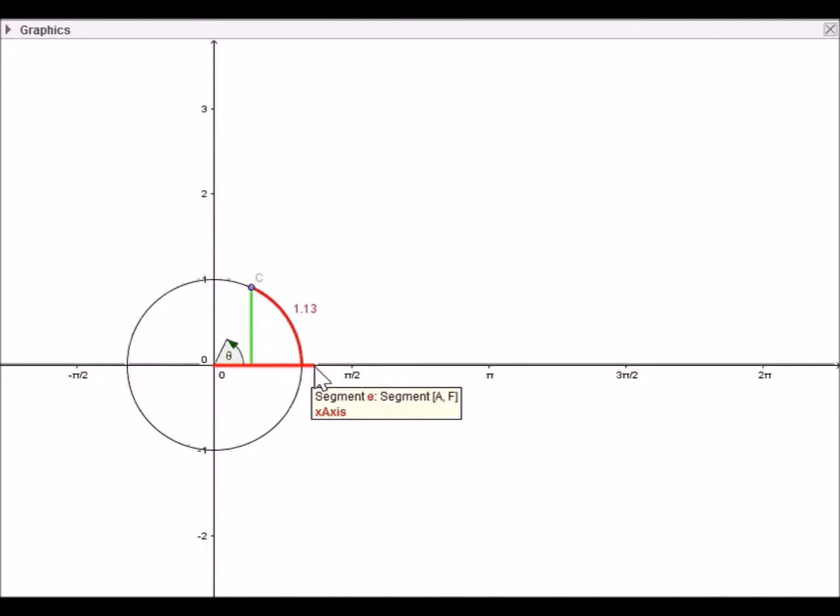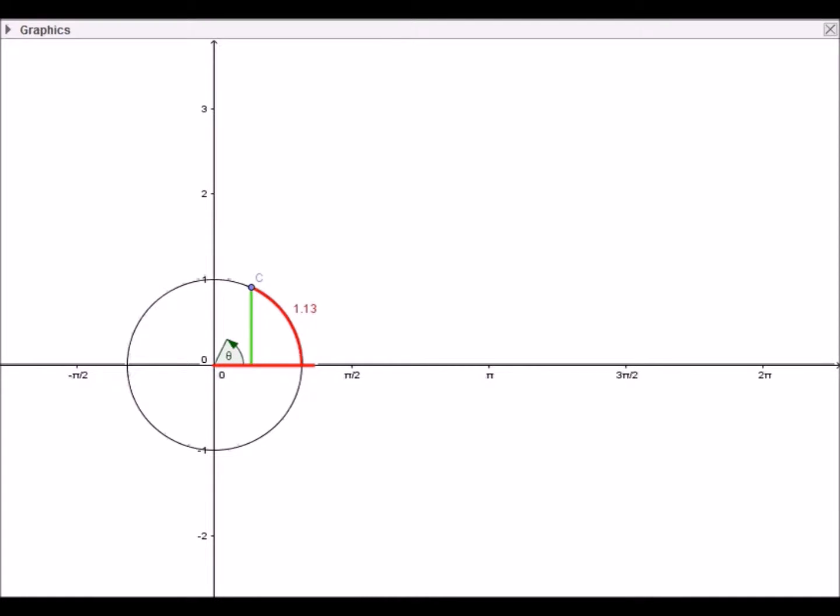Now at this point here, I have the value of the angle. As you can see, the angle is 1.13. So that means that this point is 1.13. What I need to construct the sine curve is add at this x value a y value that corresponds to this length.